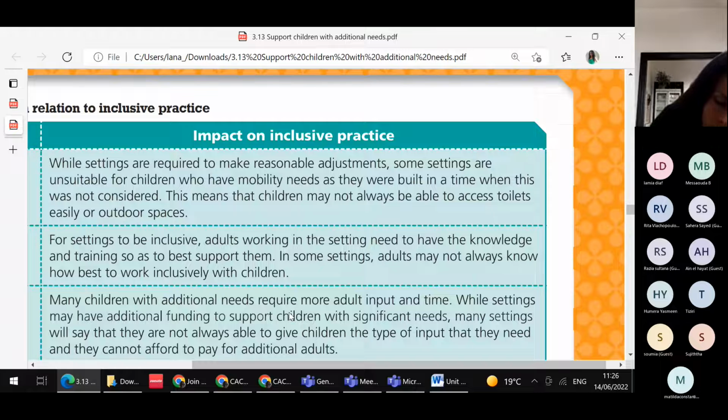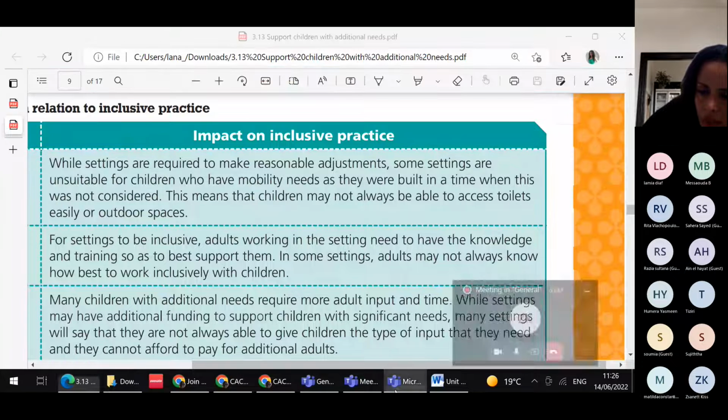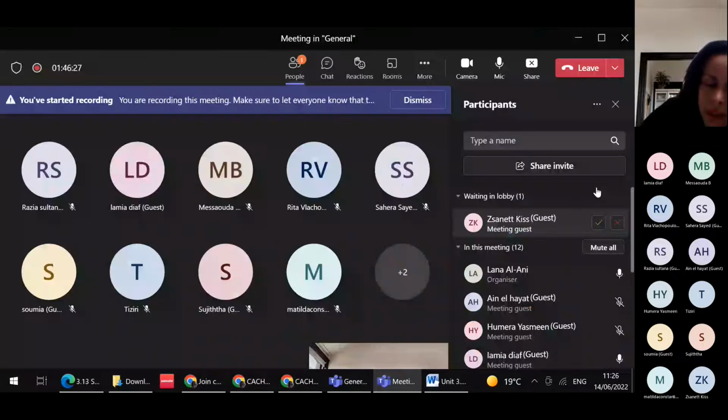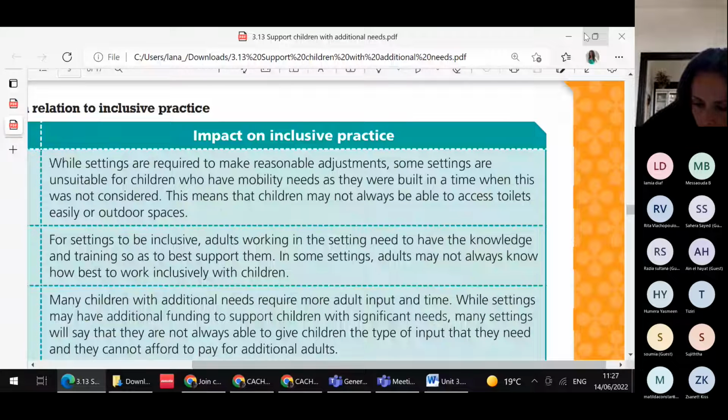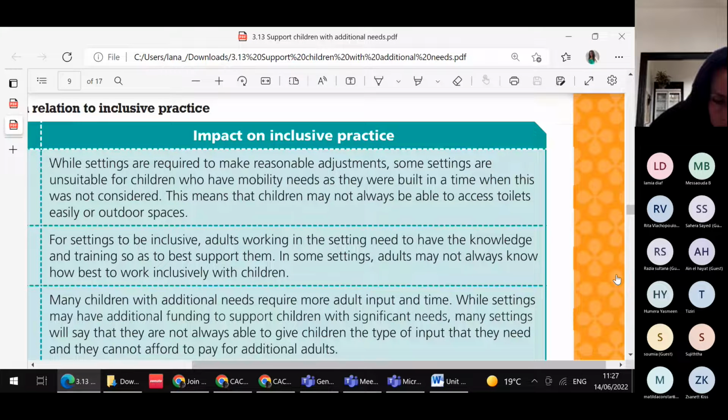If the nursery doesn't have a ramp, then not all the children will be able to join this nursery. Why? Because some of them are in wheelchairs. That's how the physical environment could affect the child's development.